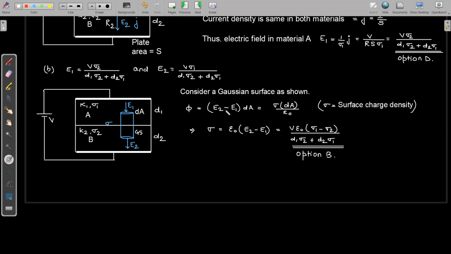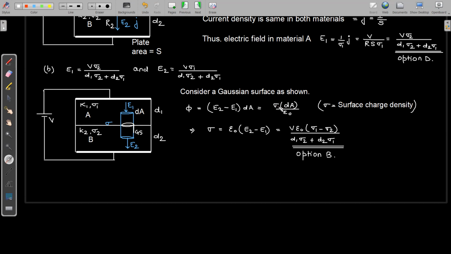And the total flux can be written as the charge enclosed divided by epsilon naught. So if the surface charge density on this interface is sigma, what is the charge enclosed? On this small portion dA, the charge enclosed inside the cylinder will be sigma into dA.